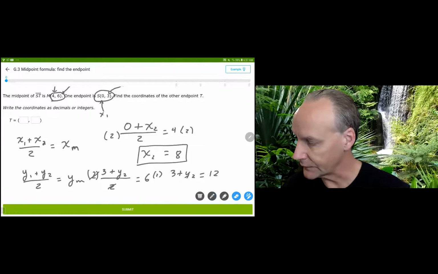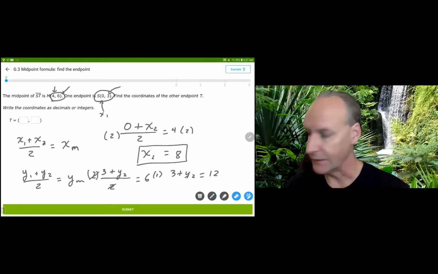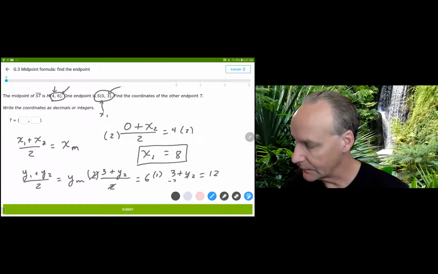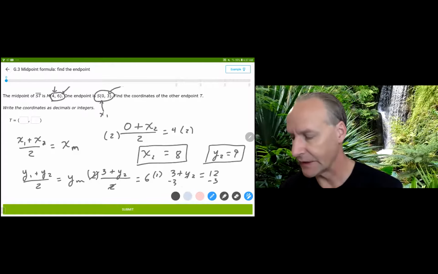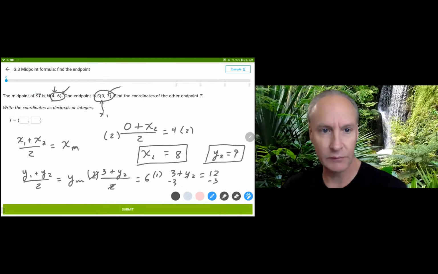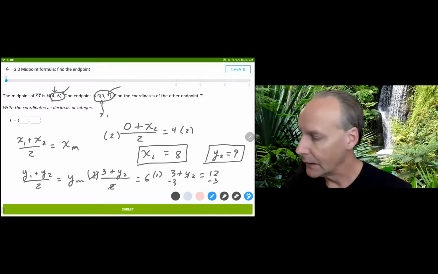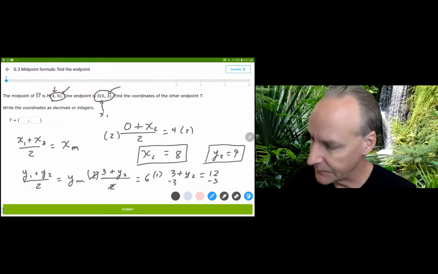I'm going to subtract 3 from both sides and get y2 is equal to 9. Now this is a long way of doing this. I actually wrote my midpoint and my point in the wrong places on my diagram, but hopefully you can see that it's 8, 9.